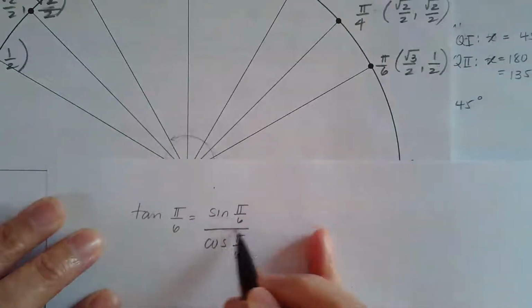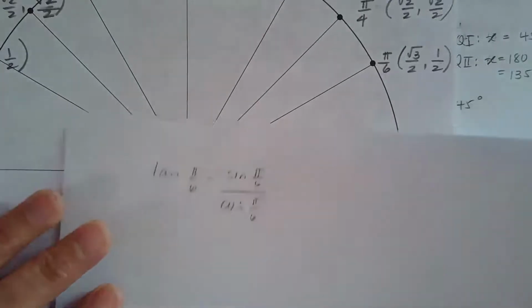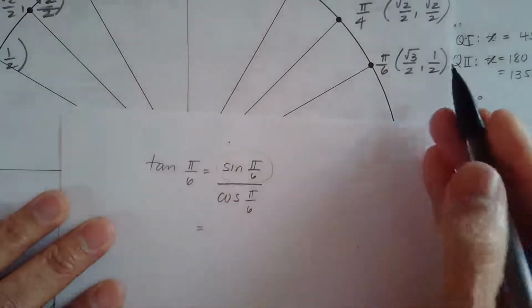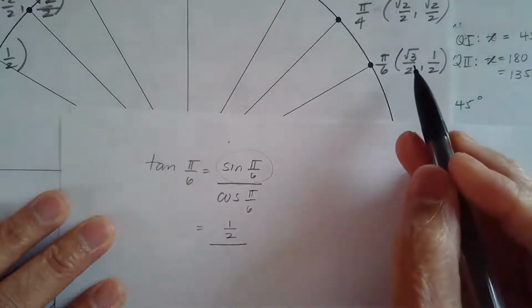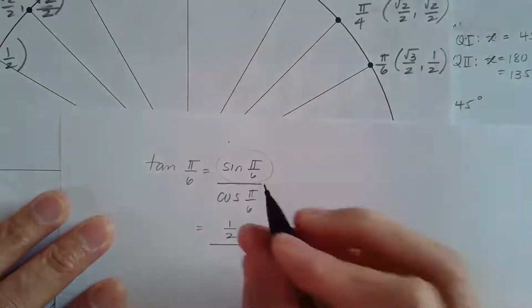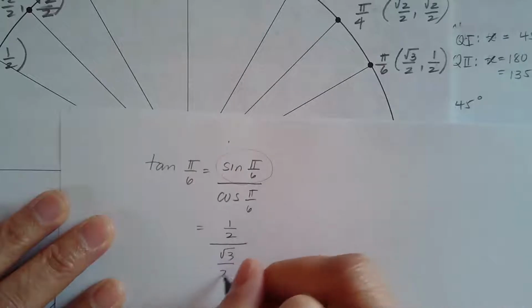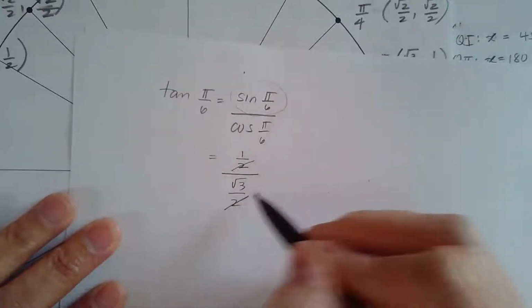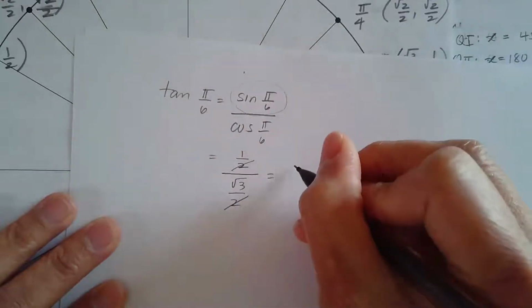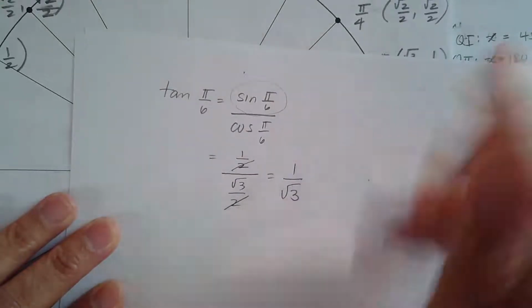And then, what's sine of pi by 6? That's going to give me 1/2. And what's cosine of pi by 6? That's going to be √3 over 2. So if we divide that, the denominators cancel each other out, and we're going to get 1 over √3.